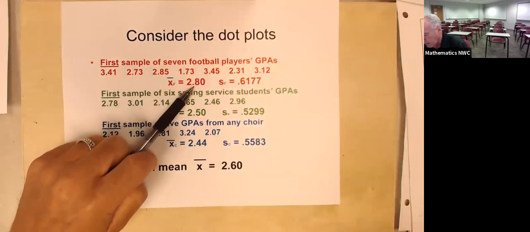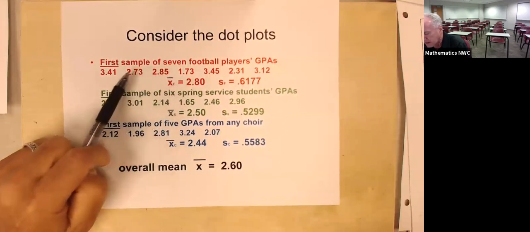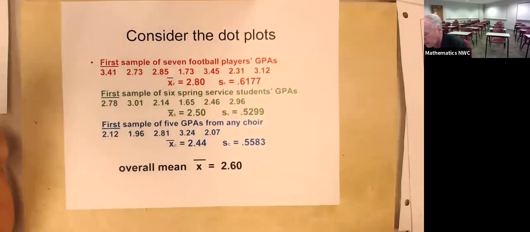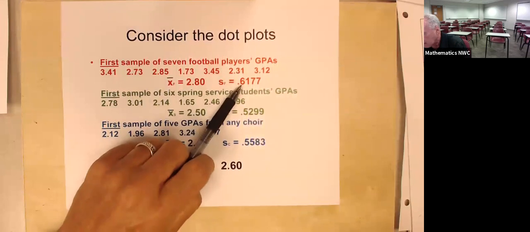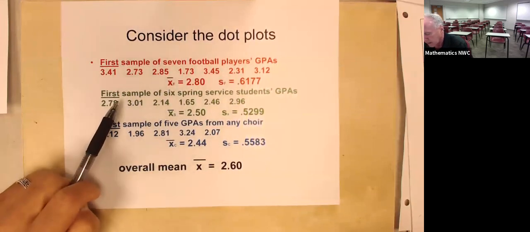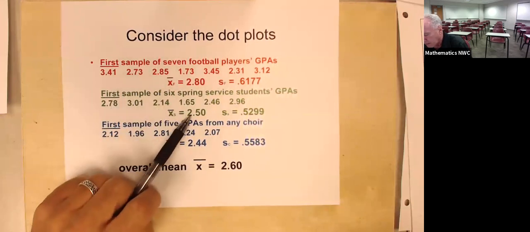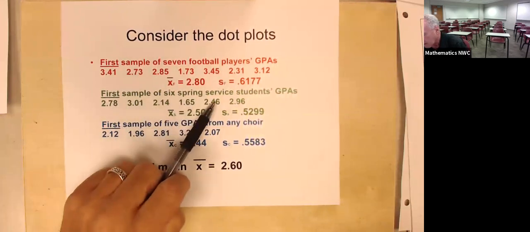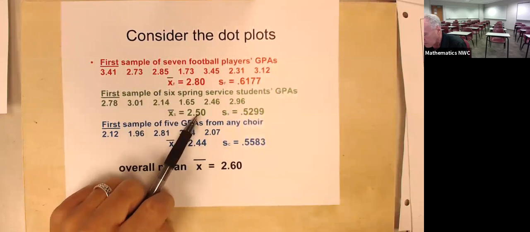Notice the football player has the 2.8 average. That's the average of all of those, so I made them up accordingly. Standard deviation, 0.6. Here, I found the average of the spring service to be 2.5.